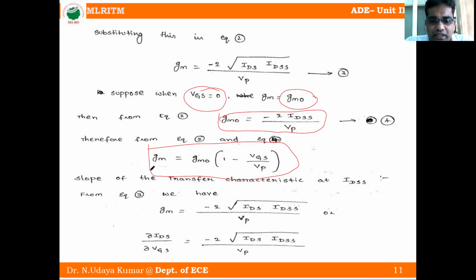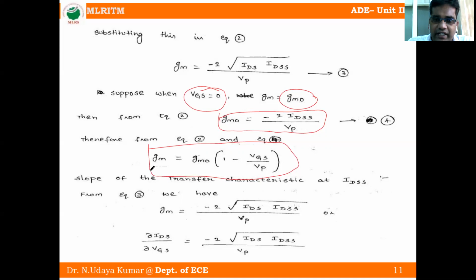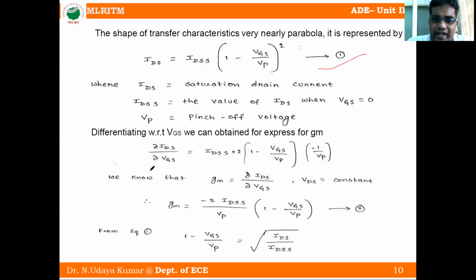The slope of the transfer characteristics can be written as GM = change in IDS by change in VGS = −2 √(IDS × IDSS)/VP. What do we mean by IDS and IDSS?